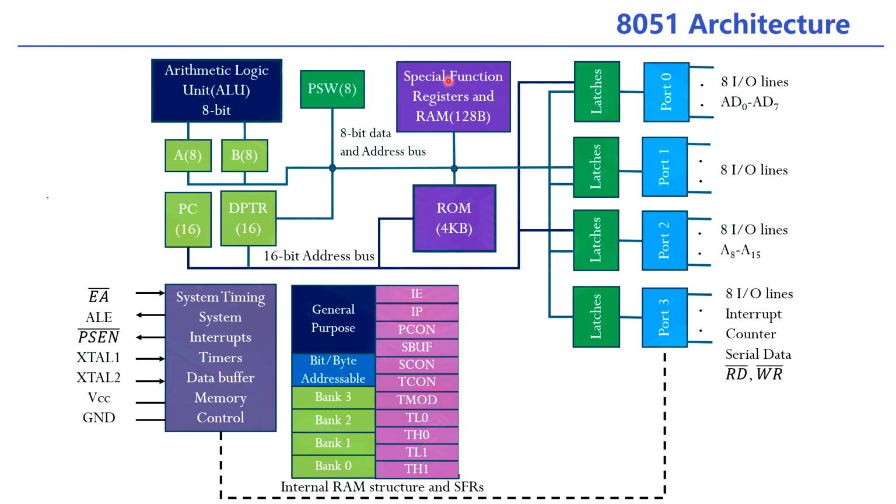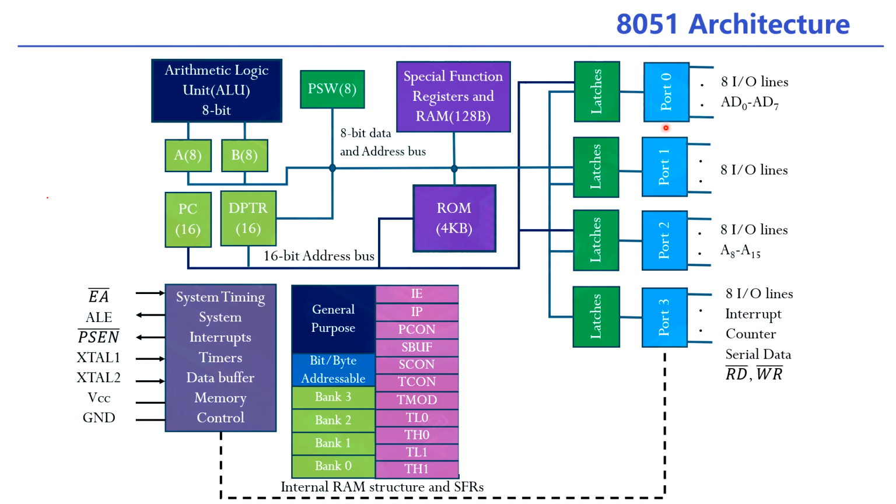Now you see here, this is the special function register and RAM, right? This is the 128 byte RAM. Now you come here, these are the latches. We can connect these with these ports. So 4 ports are available in the 8051 microcontroller, right?